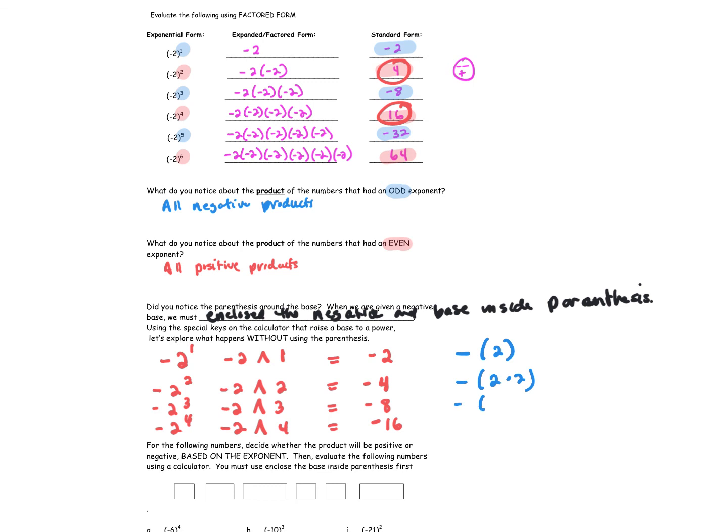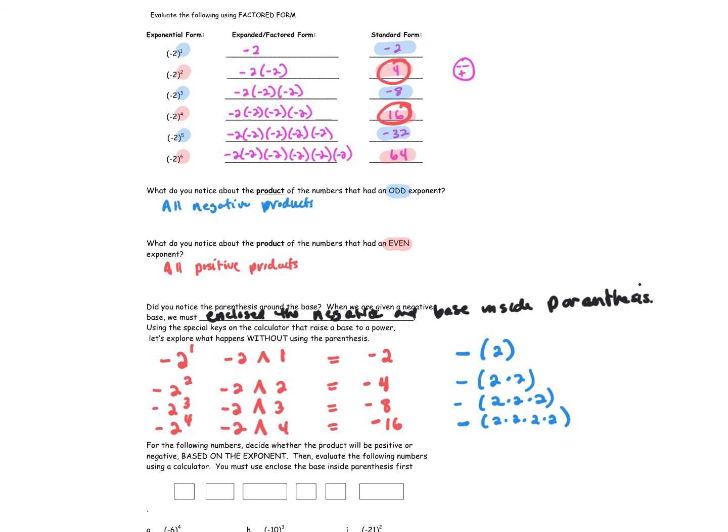That negative sign is kind of detached. When you work with the odd exponents, you get the answer you expect, but when you're working with the even exponents, you do not get the answer you expect because that negative is kind of hanging outside.